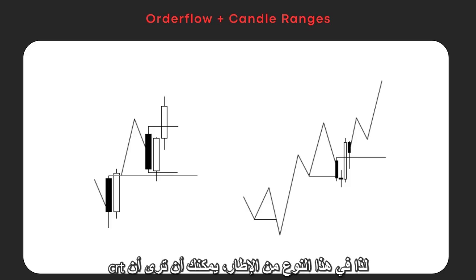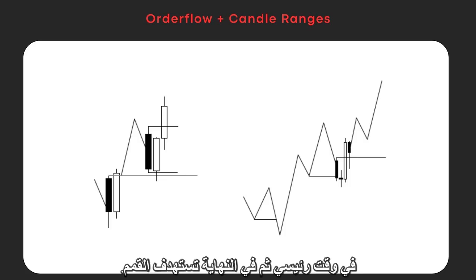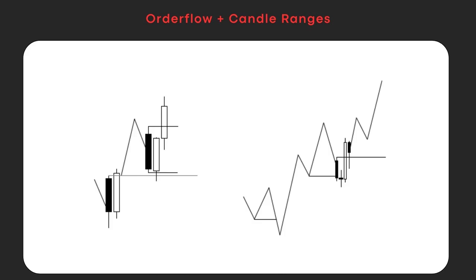So in this sort of framework, with the CRT, you're going to target the opposing end of the CRT first once they are purged at key time, and then eventually target the highs. This is how you accurately determine your drawn liquidity with the help of order flow, market profiles, and its integration with candle ranges or CRT.